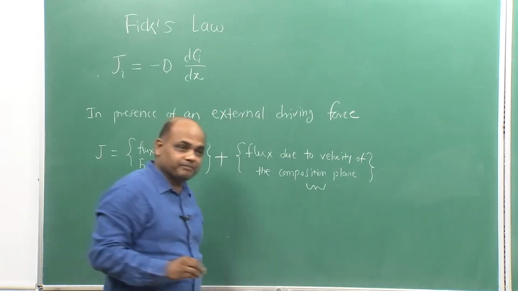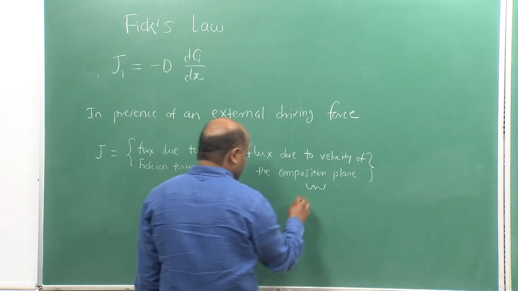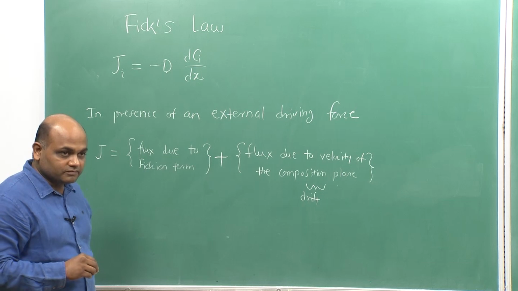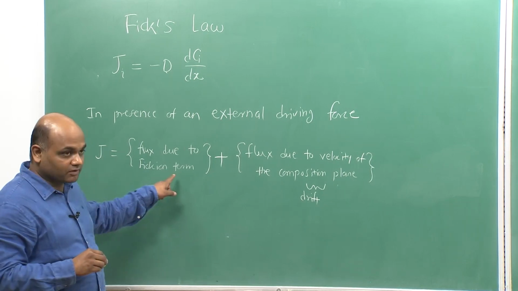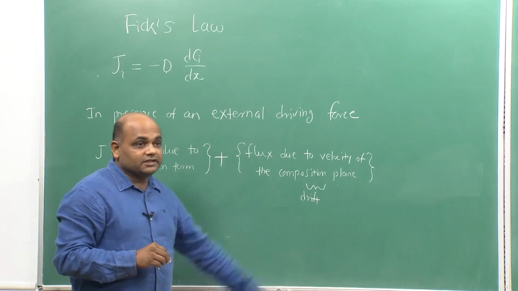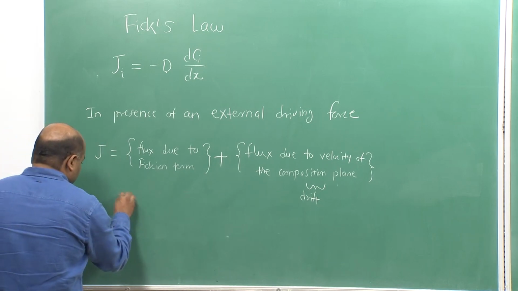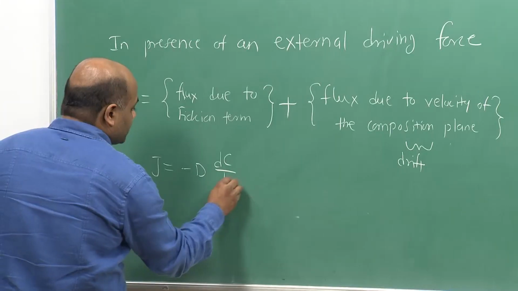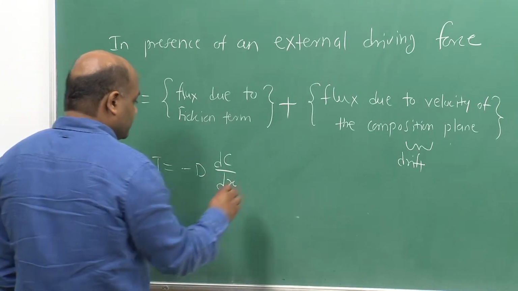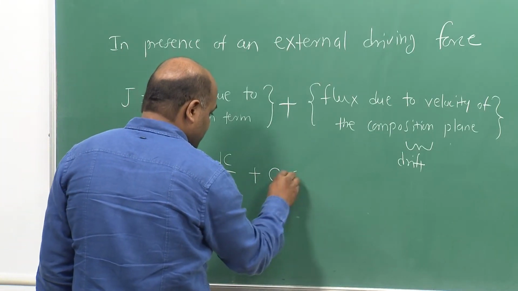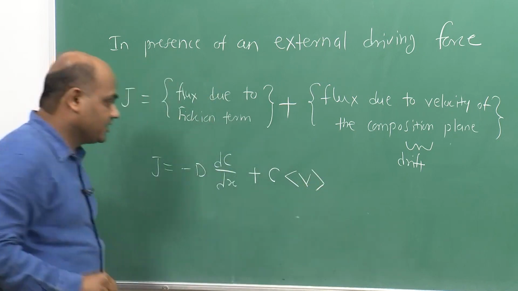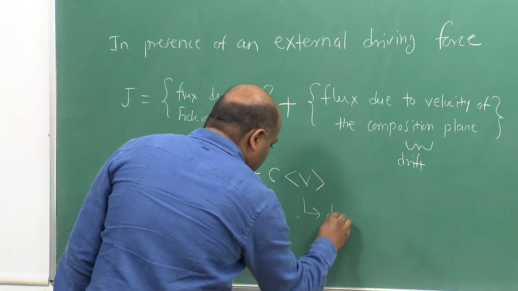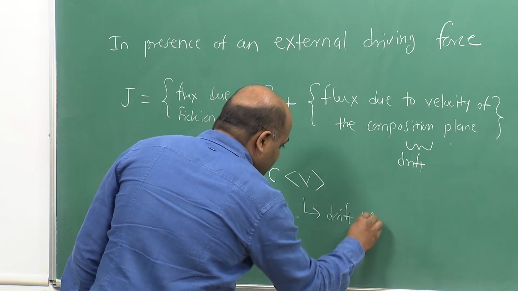This is more commonly referred to as drift. So, the flux term will have contribution from the Fickian term as well as the drift term. So, we can express flux as J = -D dC/dx + C times v, right, where v is referred to as the drift velocity.